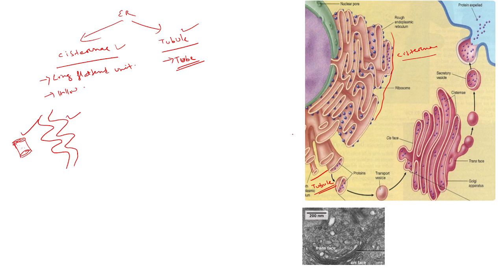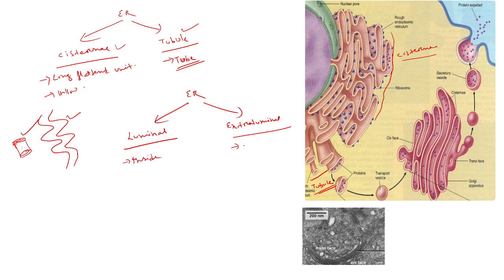In the ER, there is again a classification: luminal and extraluminal. So what is luminal, what is extraluminal? Luminal means inside.